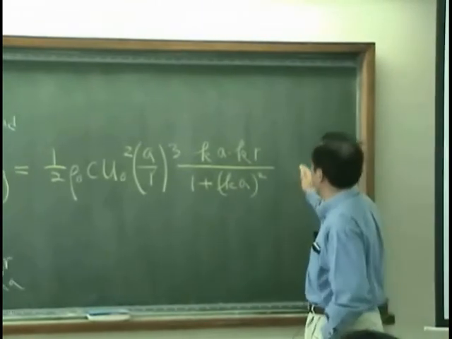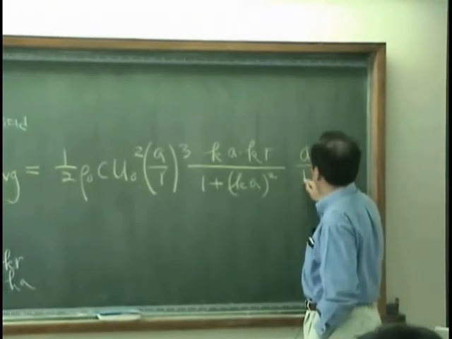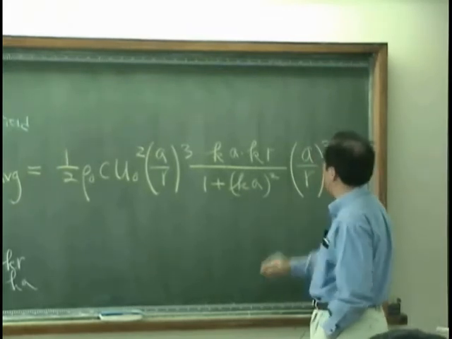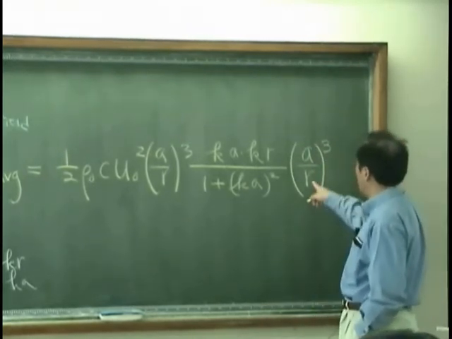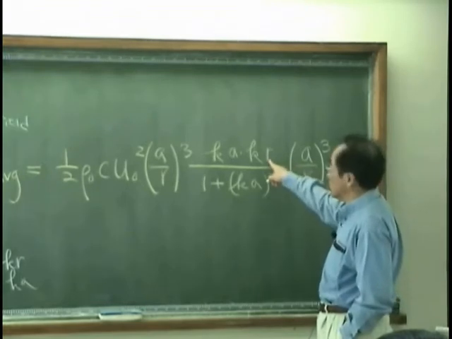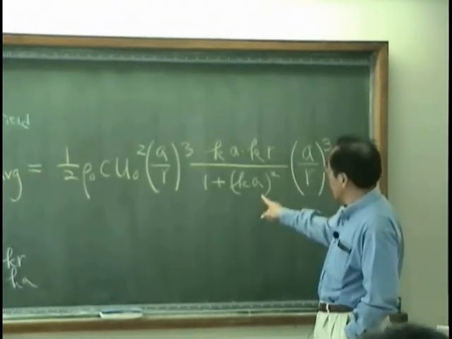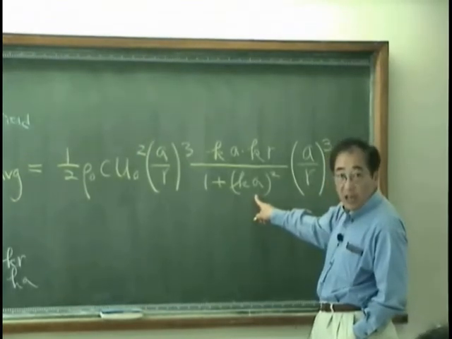And I have A over R to the cube. So I want to use 1 R to eliminate this, because this is KA square.